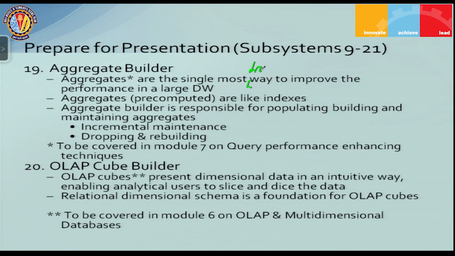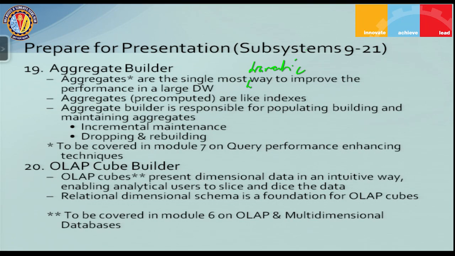They work as indexes, and these aggregates are pre-computed. The aggregate builder is responsible for populating, building and maintaining these aggregates. Aggregates should ideally be maintained in an incremental way, but that may or may not be possible all the time, so we also sometimes drop the aggregates and rebuild them again.